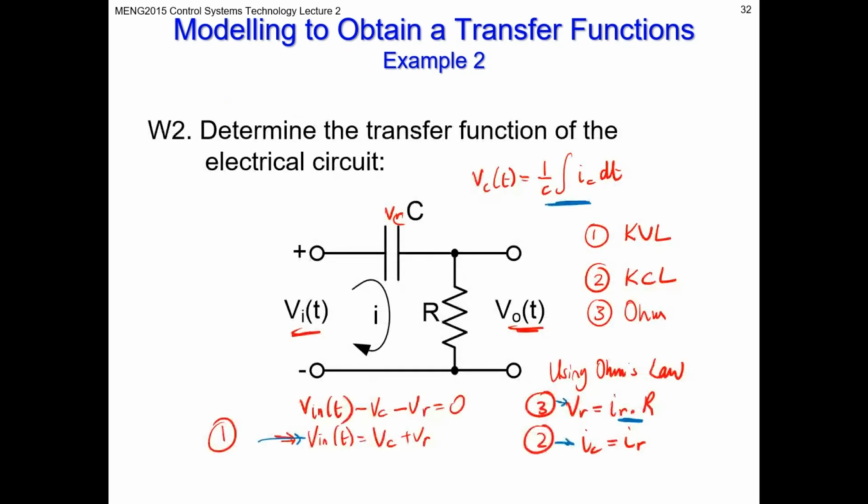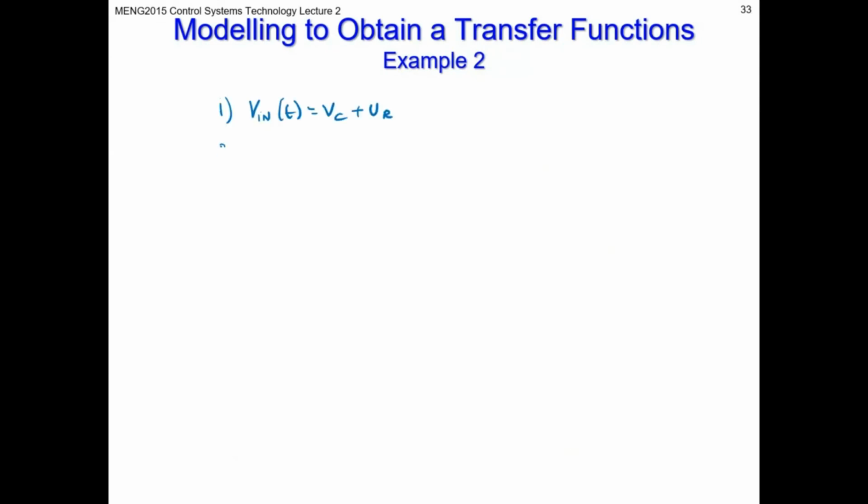Using the current law, the current through the resistor is the same as the current through the capacitor.